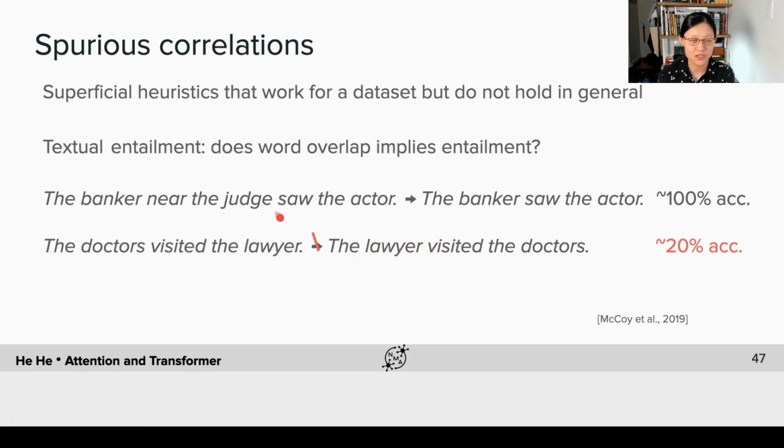Obviously, it's not an entailment relation. But if we test these high-performing models on these two types of examples, the model achieves almost 100% accuracy on the first type, which can be solved by the heuristics, but very low accuracy on the second type. So this suggests that the model is not really learning to understand the sentence, but instead relying on the heuristics.